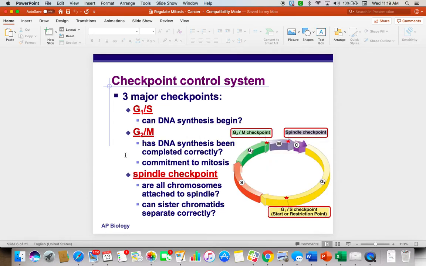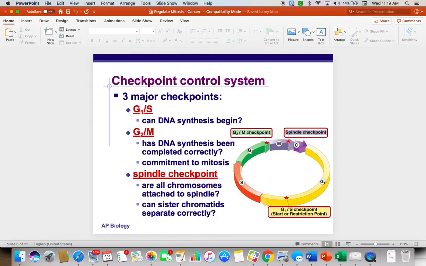Here are the three major checkpoints. These are also in your textbook, described on page 118 if you want to look there. There is a G1 checkpoint, an M checkpoint, and a G2 checkpoint.